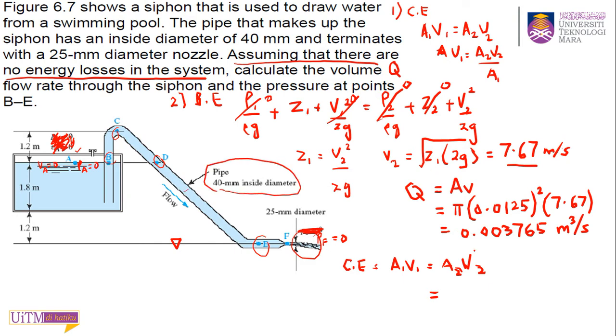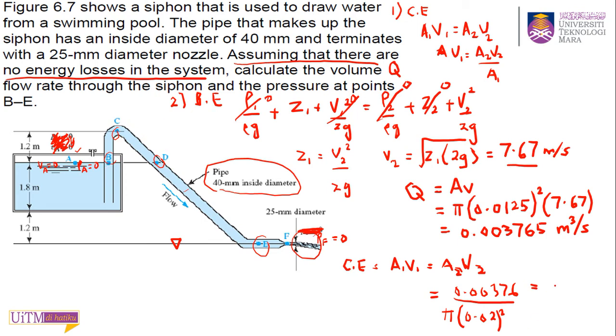Okay, so if you divide Q, 0.00376, by pi times 0.02 squared, you will get your velocity at B, C, D and E.